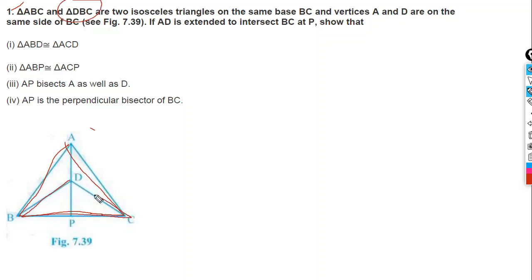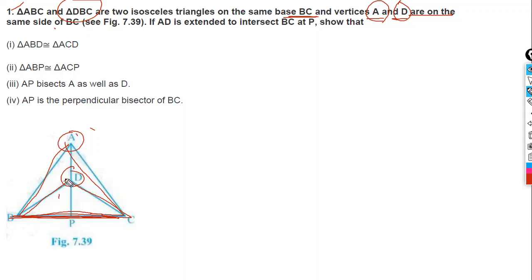These two triangles are on the same base BC, so their base is the same, that is BC. The vertices A and D are on the same side of BC. You can see vertices A and D are on the same side, only one side, not on the other side.